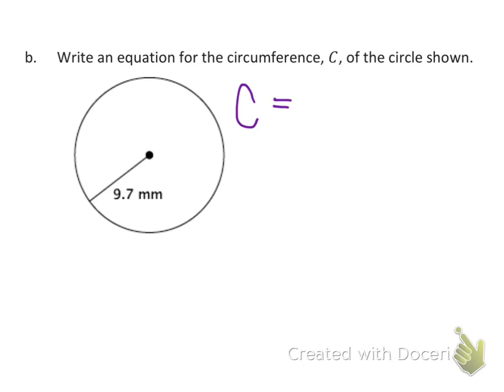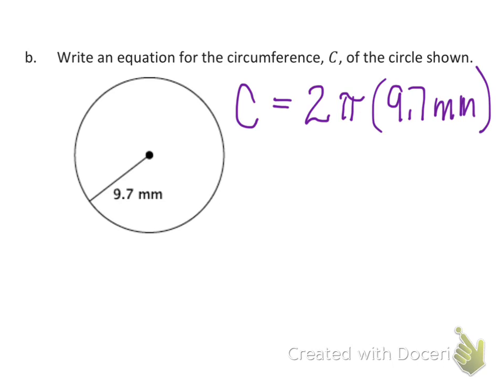And remember that the formula for circumference is 2 pi times the radius, which in this case is 9.7 millimeters. Okay, so 2 pi times the radius.